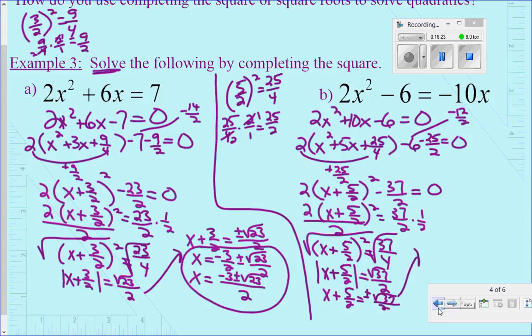So I'm going to subtract 5 halves. X equals negative 5. I'm going to make this one whole fraction, plus or minus the square root of 37, and that's all over 2. I just subtracted 5 halves, and negative 5 halves plus or minus the square root of 37 halves is the same thing as writing it as one big fraction, negative 5 plus or minus the square root of 37 all over 2. And that is my final answer.